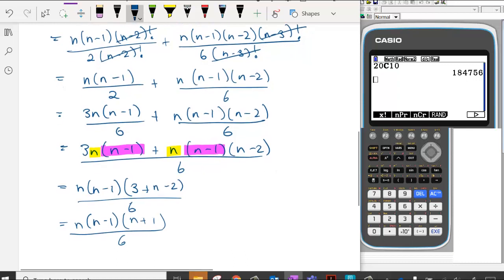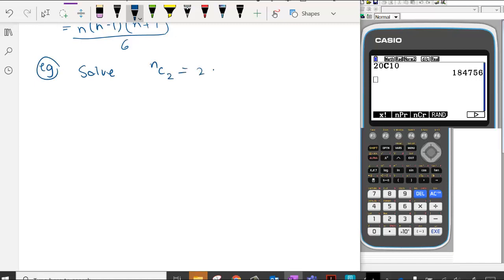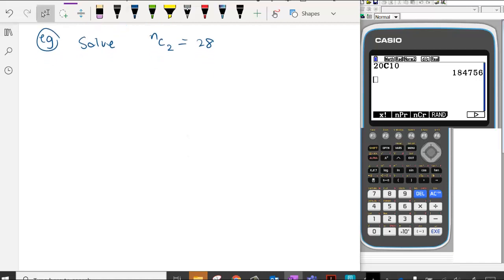Very pretty. All right. We'll look quickly at solving. Now, solving doesn't get much harder. So we're looking to say solve nC2 is equal to 28. So obviously, this solving process includes that process of simplification first. If we can simplify, then we can probably work to isolate our unknown. So nC2 is the same as n factorial over 2 factorial and (n take 2) factorial, and it's equal to 28.